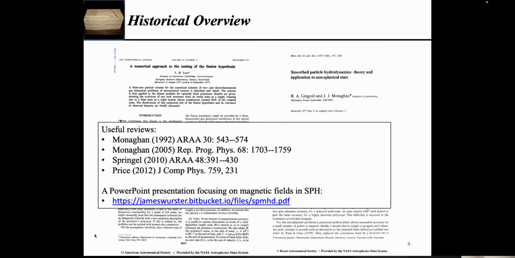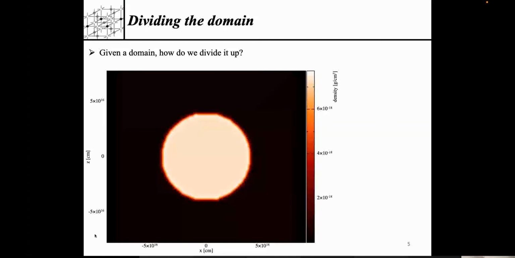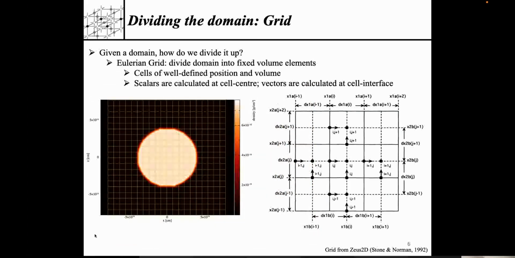So the first question that we have is, we have a region of space, and how do we divide it up numerically? So for this example, we have a dense sphere inside a low density medium. And intuitively, it's nice just to divide it up into a grid. And this is how a lot of the Eulerian methods, or how all the Eulerian methods work.